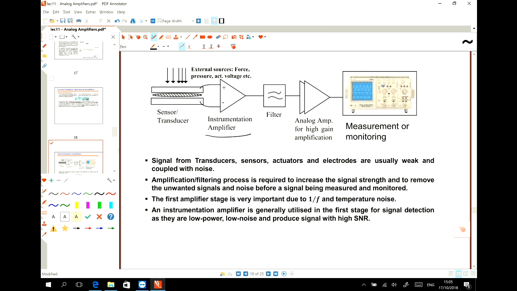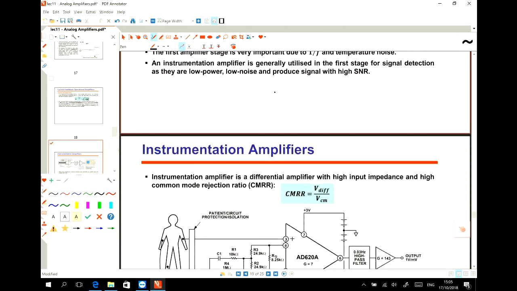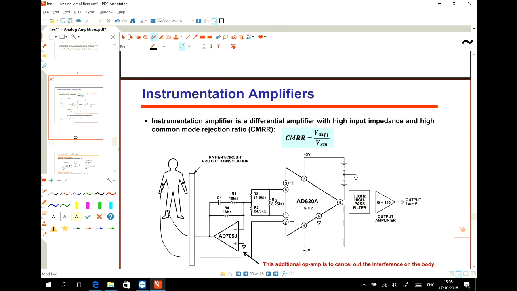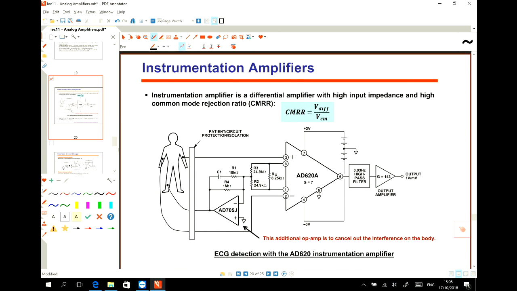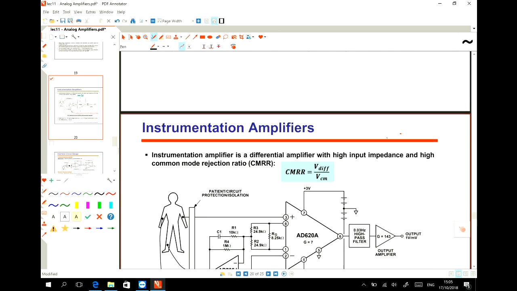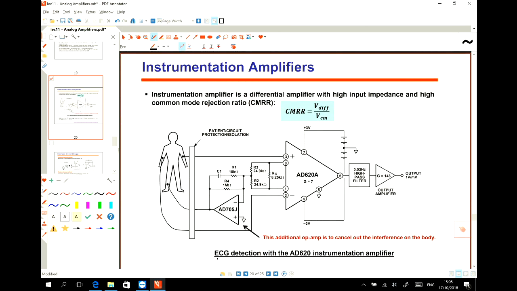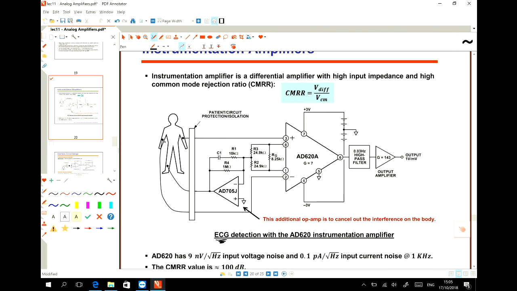They are very useful as a first stage for instruments, for example ECG or EEG signals. Here we have two probes on a body, and these two probes are applied to the positive and negative pins of the instrumentation amplifier. After that, we put a filter.